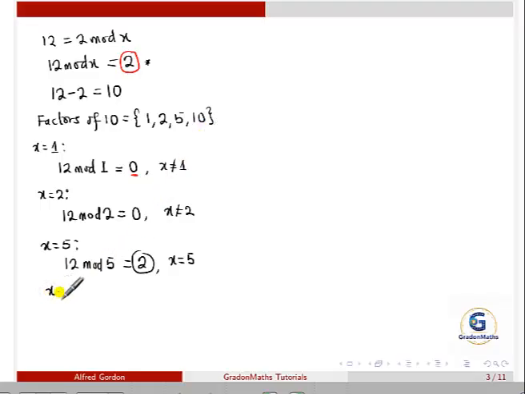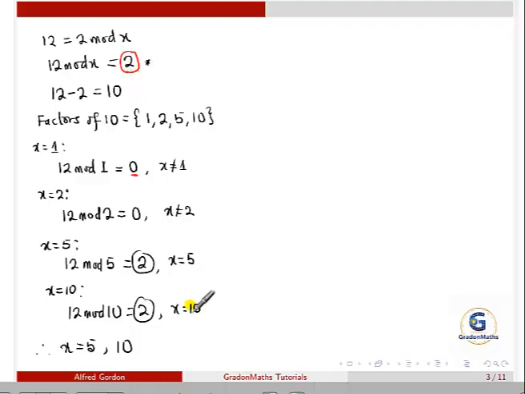When x is equal to 10, here we have 12 mod 10. What is 12 mod 10? That is also 2, which is what we are expecting, meaning that x can be 10. So for the equation above, x is equal to 5 or x is equal to 10. These are the values of x that will make our equation true.